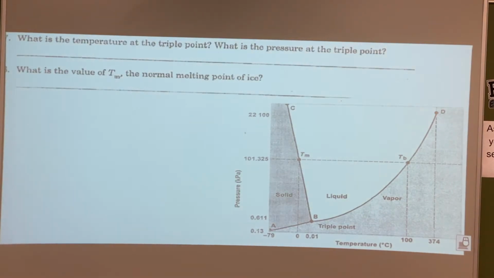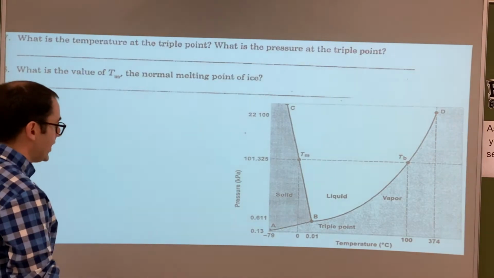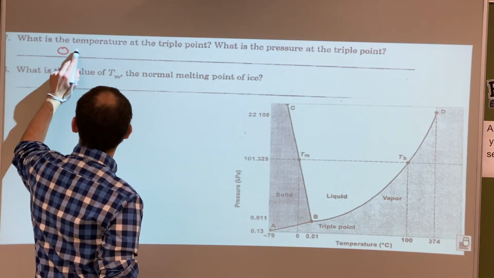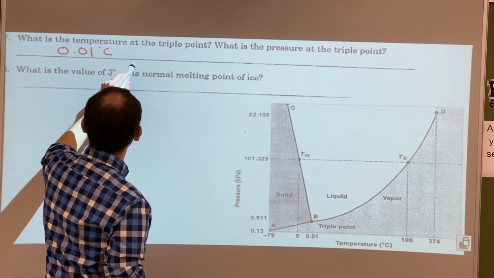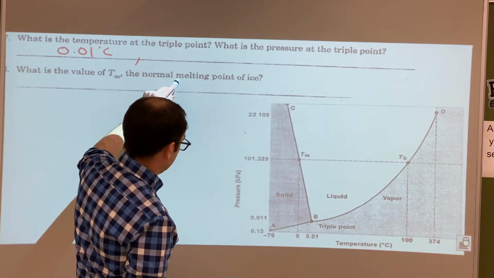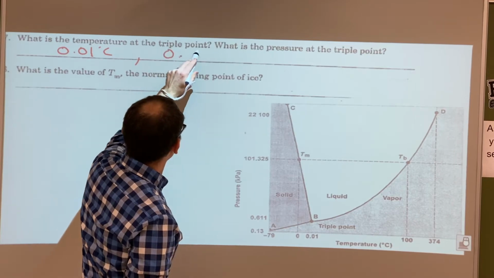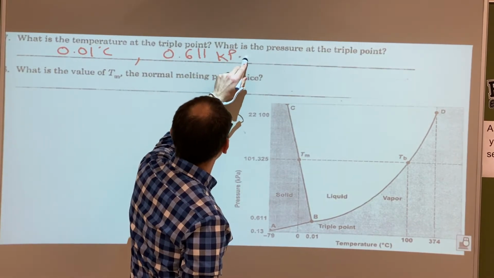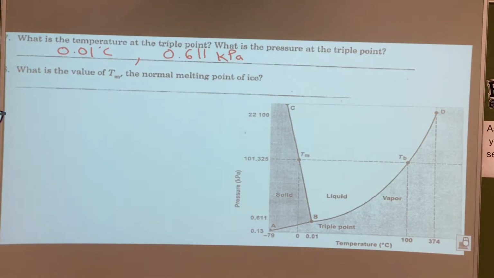Cool. All right, what is the temperature at the triple point? All right, temperature at the triple point. 0.01 degrees Celsius, and then what's the pressure? 0.611 kPa.